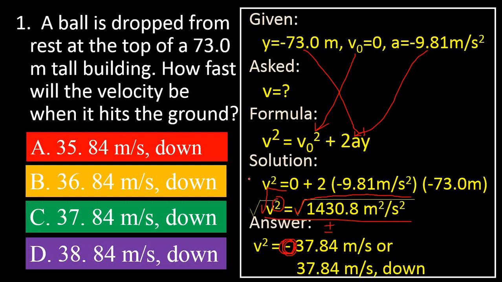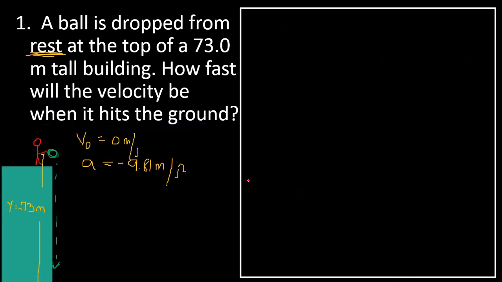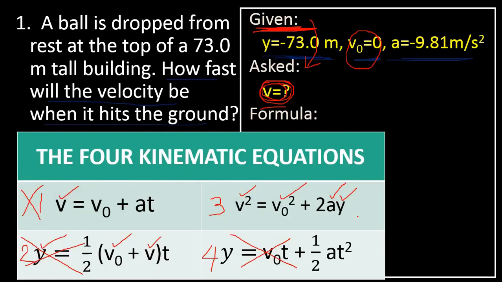But remember, in our illustration, let's go back to this slide, the ball is going downward. And we all know in our Cartesian plane, this is the x-axis and this is the y-axis. X here is positive, here is negative, this one is positive in the y-axis, and this one going down is negative. So it is a negative.